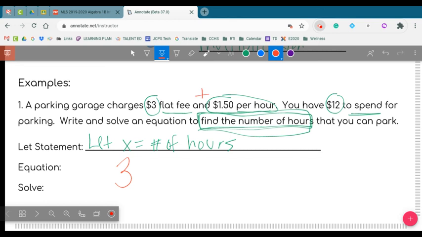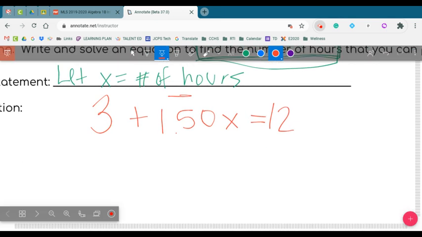And then we're going to be adding, and it's $1.50 per hour. If you remember, per means we're multiplying, and our hour is our variable. So we're going to have 1.50x. And if we only have $12 to spend, that means that our total has to be $12. So we equal $12.